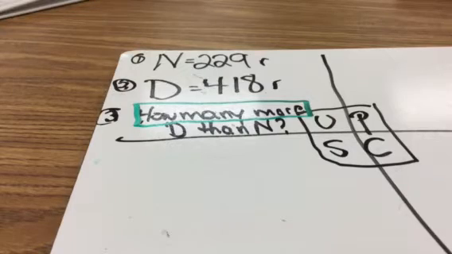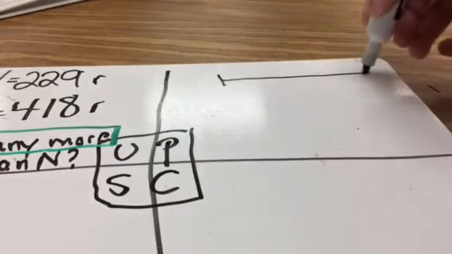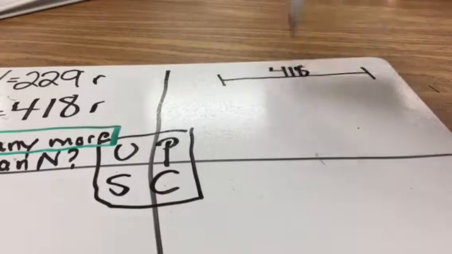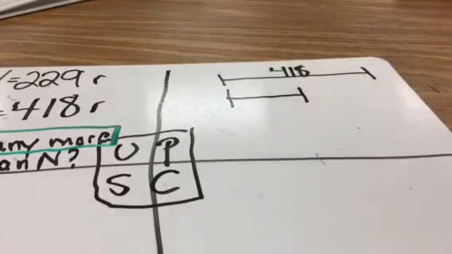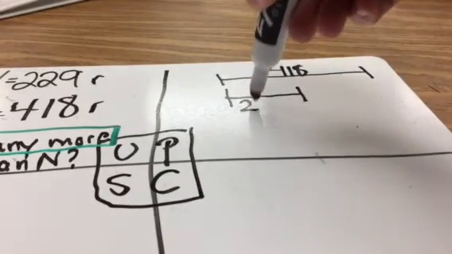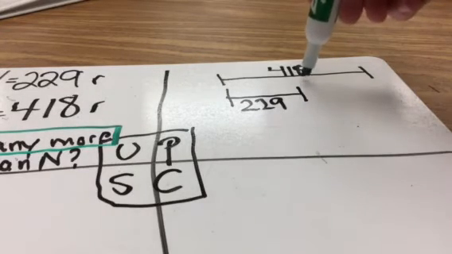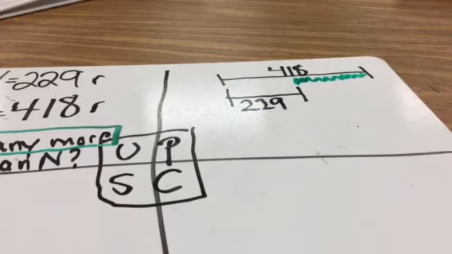The reason for that is if I were to draw a picture to represent this, here's Devin. He has 418. Natalia doesn't have that many. She only has 229. We're trying to figure out how much extra Devin has.